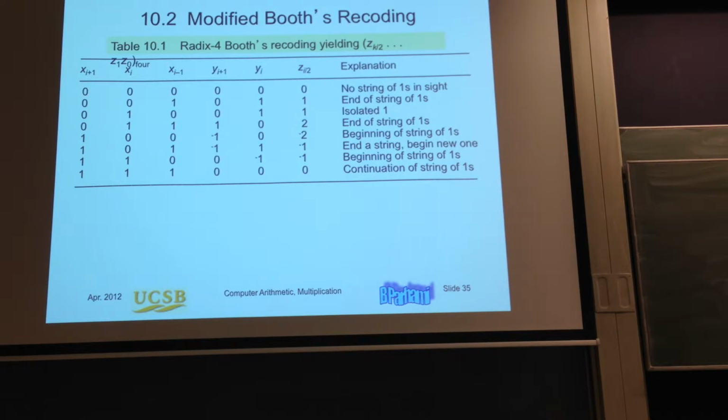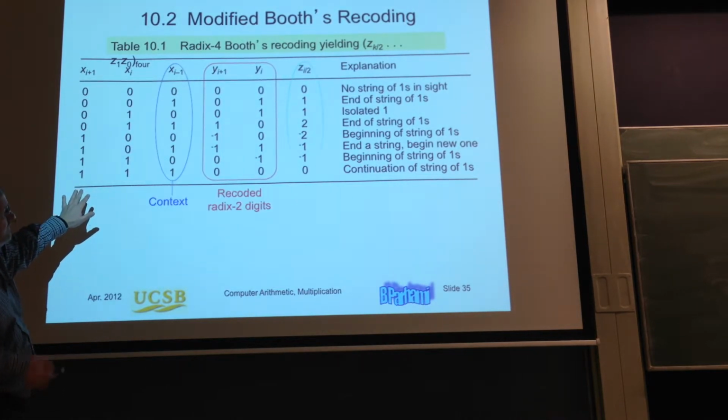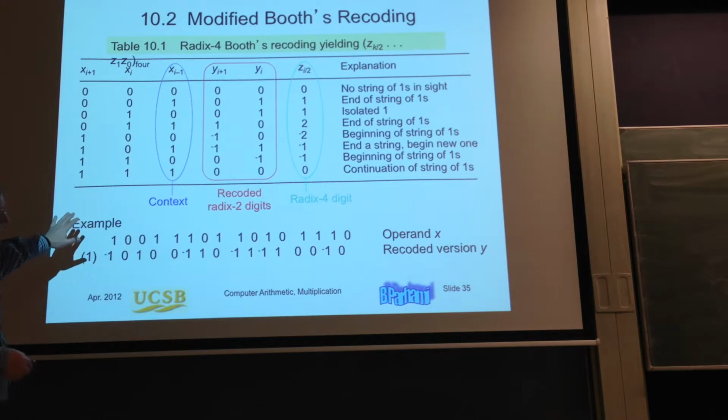I will get a, 2a, minus 2a, or minus a, or 0. This is the table for recoding. And then I am doing that recoding, which is a pre-processing step.